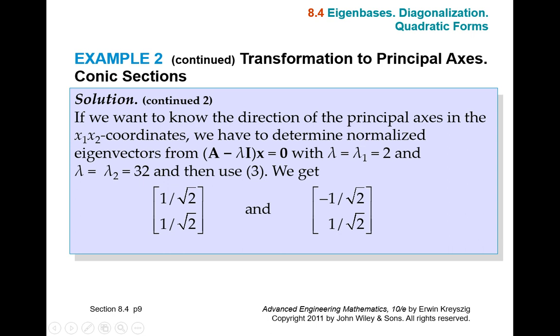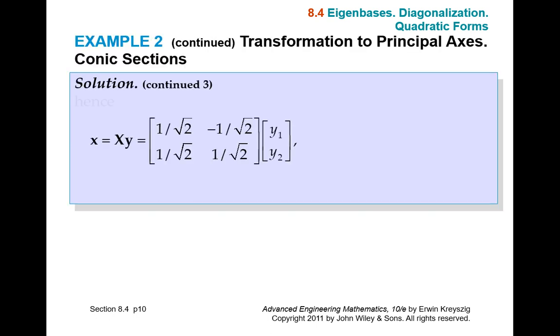Now this is the principal axis. To calculate the orientation, we divide the second component by the first one and take the tan inverse. From here it becomes 45 degrees, and here it becomes minus 45 degrees. Now, to calculate the axes, we put x and y: I take the first eigenvector as the first column and put the second vector in the second column and multiply by y.